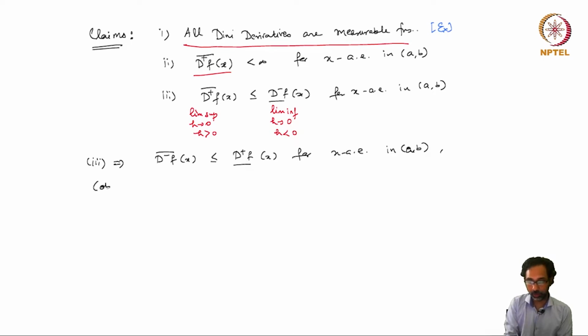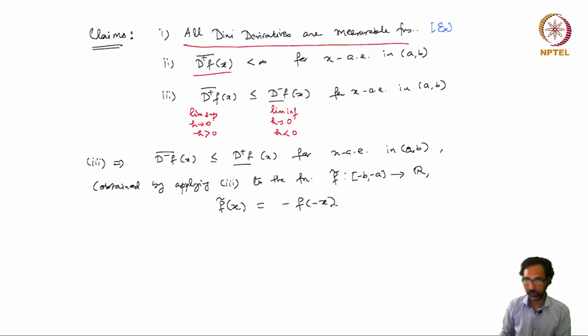So this can be obtained by applying this third result to the function f tilde defined on the interval minus b to minus a, given by f tilde x equals minus f of minus x. So when you take minus x, you land in the interval AB, and so you can apply f, but then you also apply a minus sign, and so the lim inf and the lim sups get interchanged and so on.